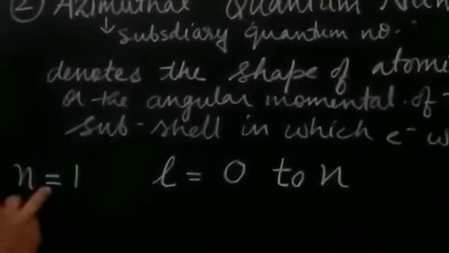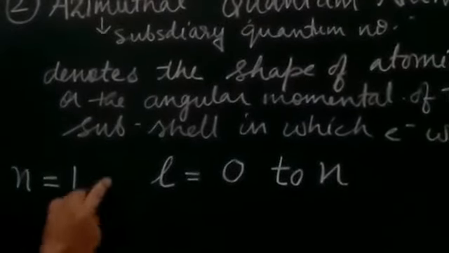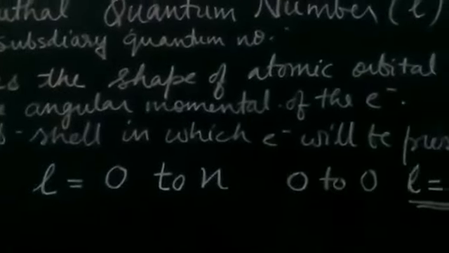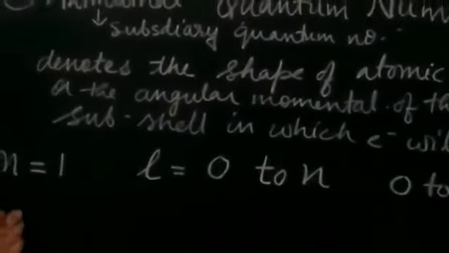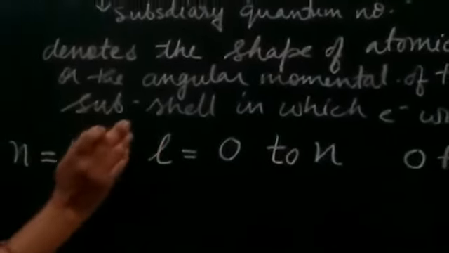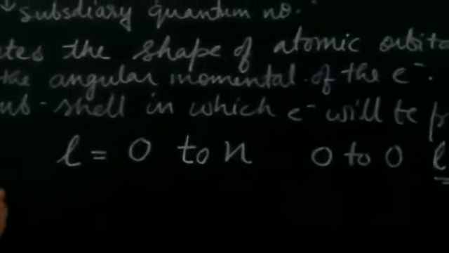That means if it is the first shell, we will have 0 to 0. That means only one subshell will be possible. That is l equal to 0. Now this shell, that is n equals 1, it will be denoted by s.